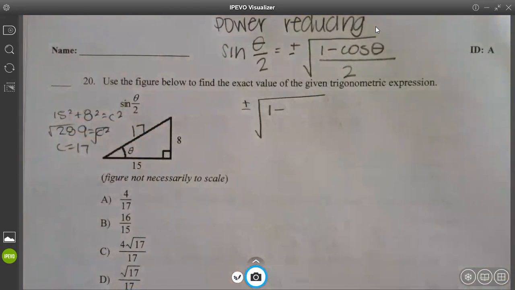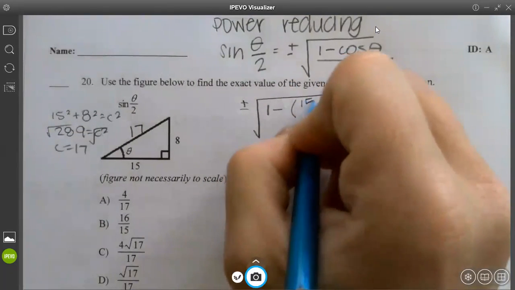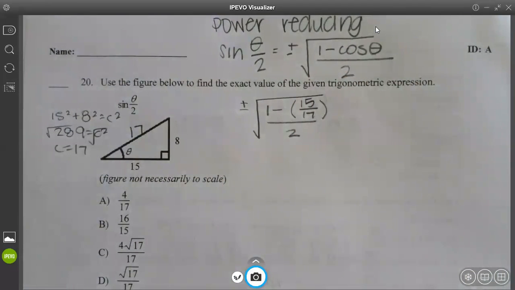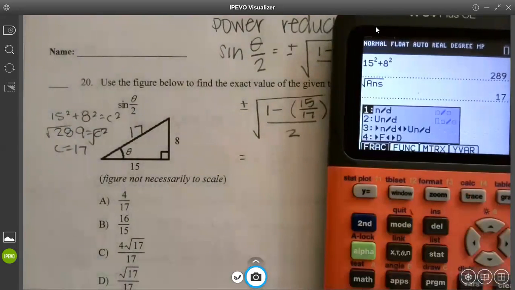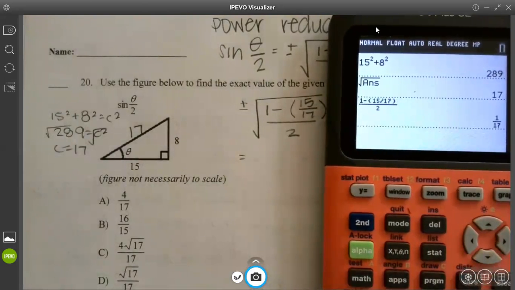Everybody good? So what's your cosine ratio? 15 over 17, over 2. We're going to clean it up. I'm going to just do the inside. 1 minus 15 over 17, over 2 gives me 1 over 17.